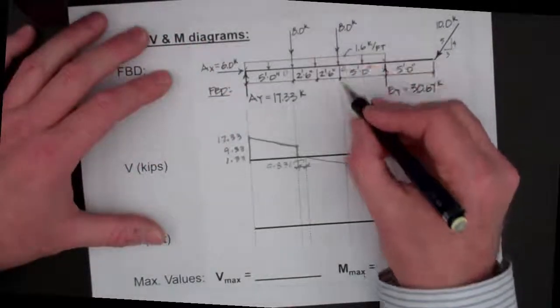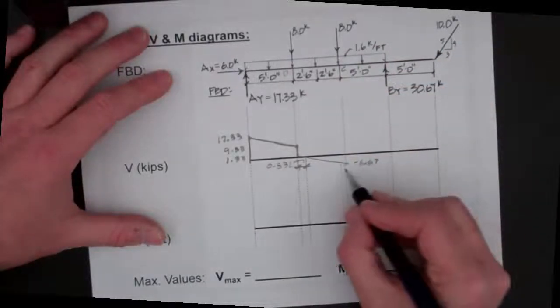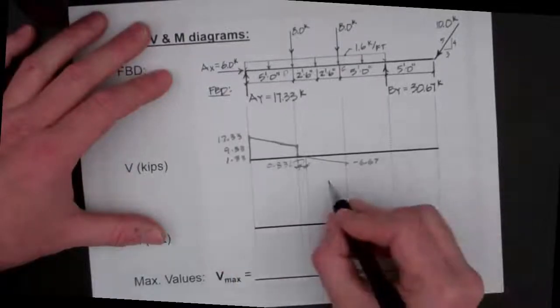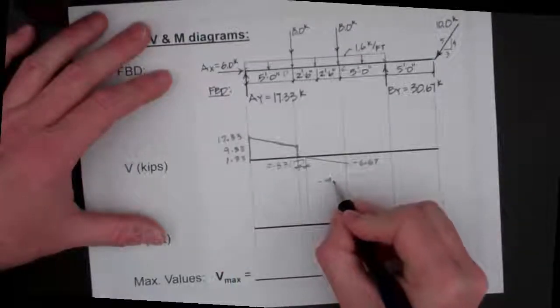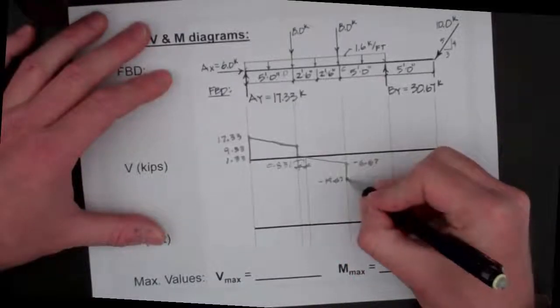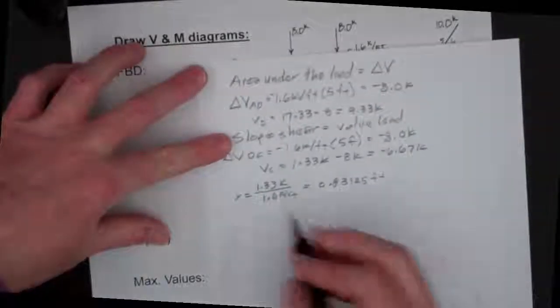Okay, now, at point C, we have another point load of 8 kips that we want to drop down from negative 6.7, which is now equal to minus the 8 kips. So now we have negative 14.67.